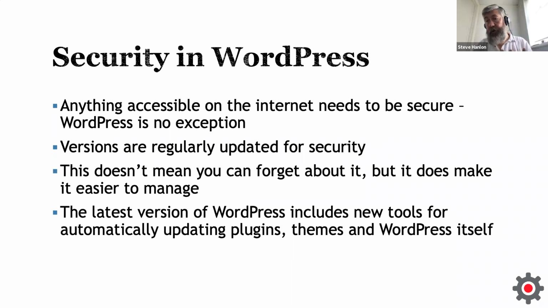Core WordPress, so WordPress itself, will automatically update as new versions are released. And it will also send you an email. When those plugins get updated, it'll send you a note and say, I've updated these. It's always a good idea to pop on and take a look and make sure that everything's still working as it was, but you know that your site is up to date and secure when it's updating automatically in that way.